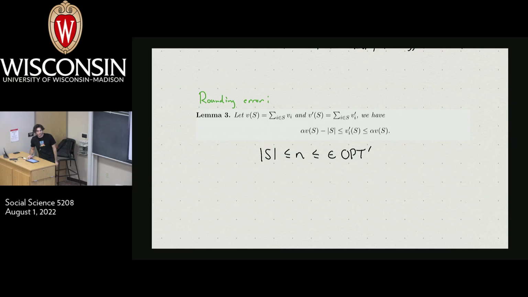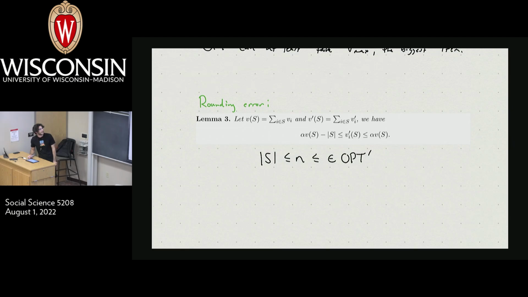So now here's a lemma that I won't go through in intense detail, but we can bound the rounding error. If we define the value of a subset of items to be just the sum of all their values, and V prime is the subset of all the values in the rounded instance, then you can prove that the value of the rounded instance is no more than alpha times the original value, and it's at least as large as alpha times the original minus the size of the number of items.